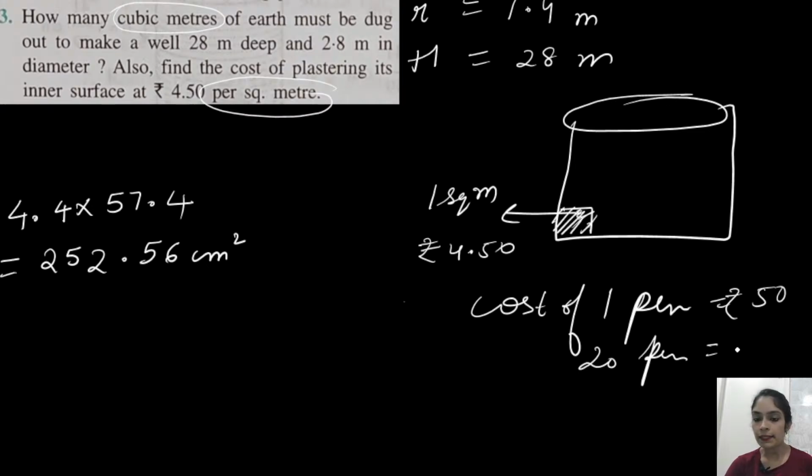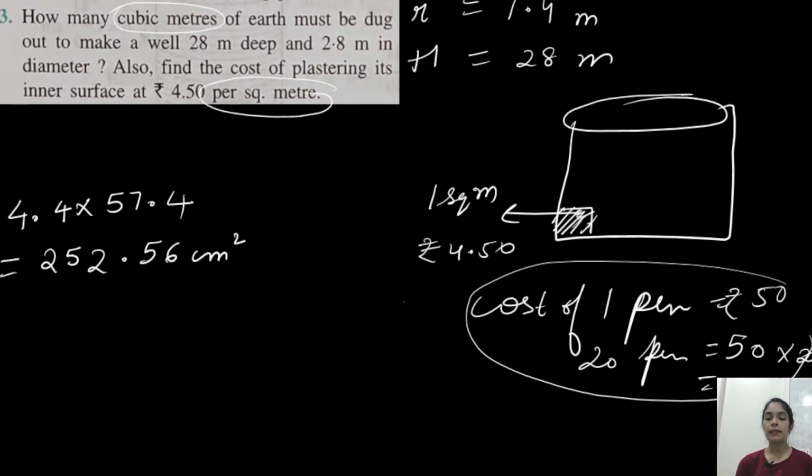We'll do multiplication, 50 we will multiply with 20. Yes, Rihan has answered. From lower classes we have learned, in one dimension, that the cost of 1 pen is there, and for more, we used to multiply.